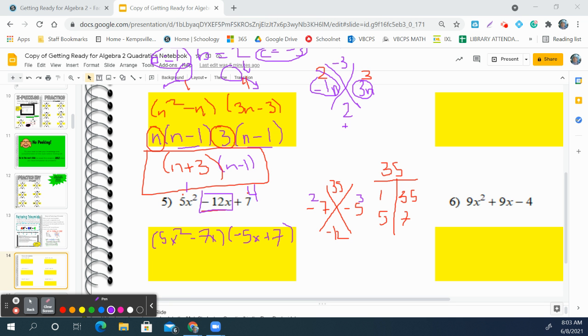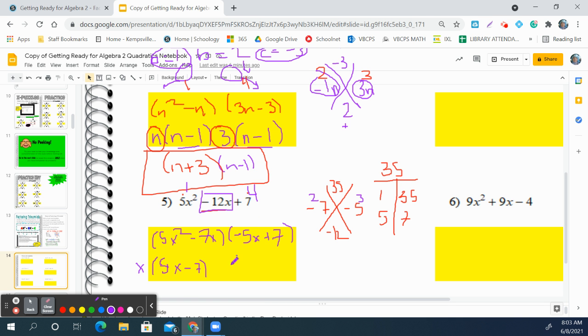Okay. What can I take out of the 5x squared minus 7x? X. Once I take the x out, what's left over? 5x minus 7. And what can I take out over here? This one's kind of tricky.